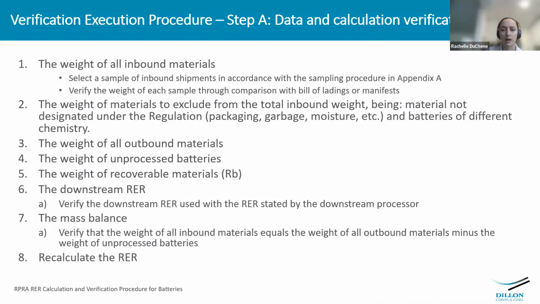It also includes calculating your downstream RER, your mass balance, and recalculating the RER. And I also missed the weight of materials that you're excluding, so any packaging or garbage, things like that. And then the next slides, we're going to get into details on points 2 and 3 a bit further.